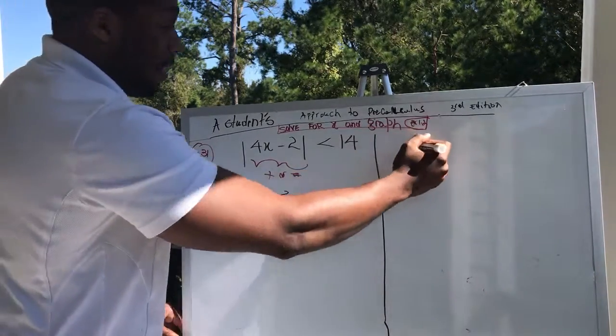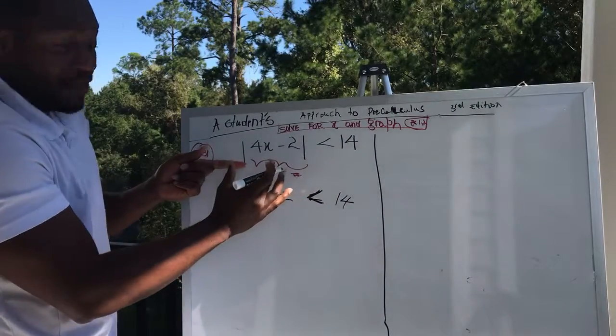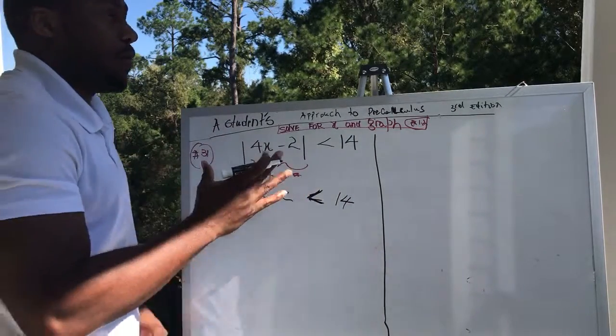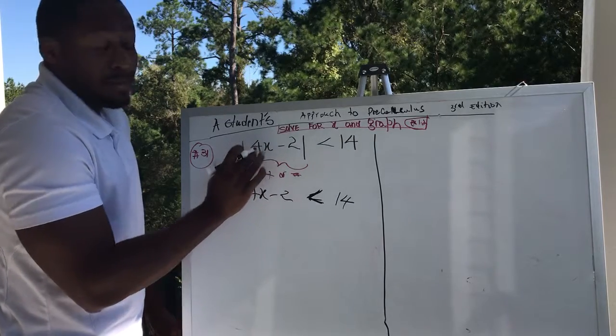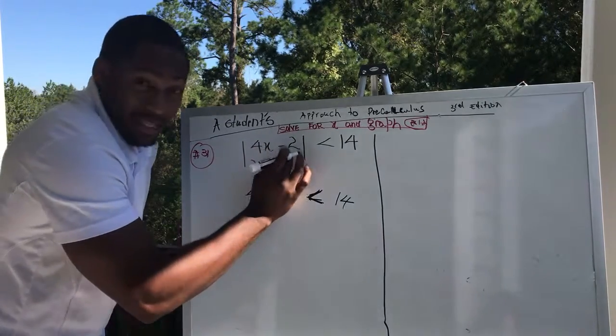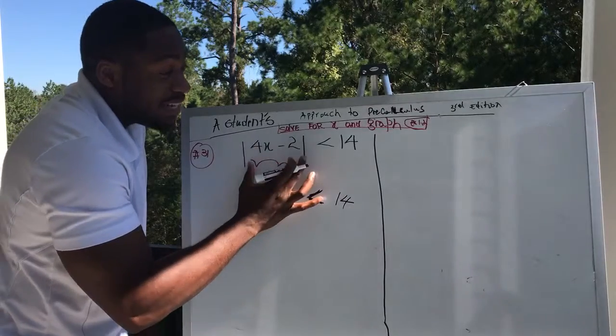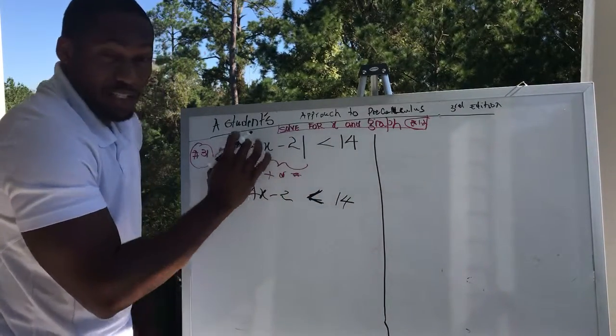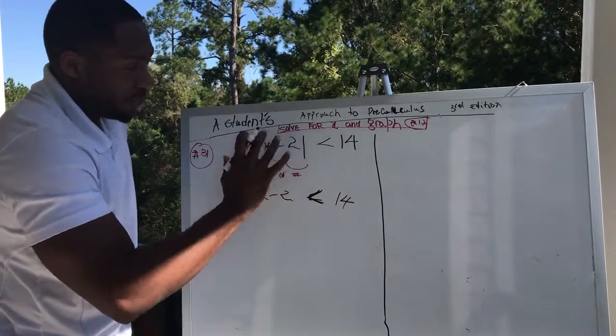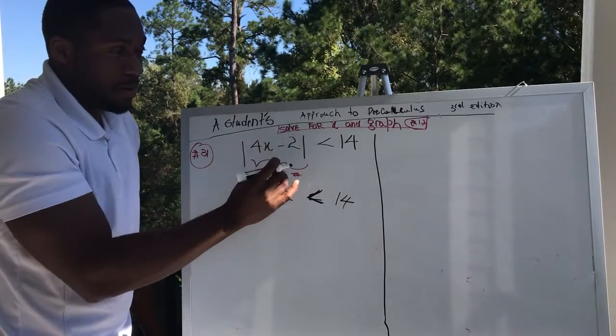Here, if the whole thing inside of parentheses is negative, think about it as negative 5. Negative 5 times 4 is negative 20, minus 2, negative 22. This is negative. In order for you to solve this, you have to transform the negative into a positive, because it's going to be an absolute value.